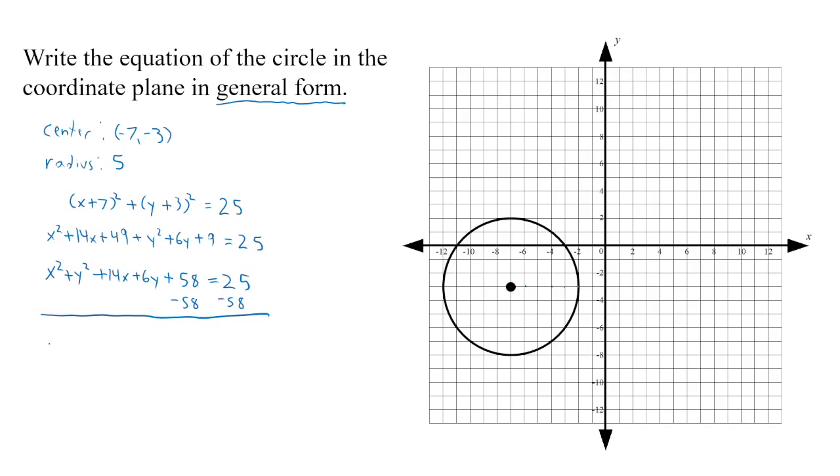And you will have x squared plus y squared plus 14x plus 6y equal negative 33. Therefore, this would be the general form of the equation.